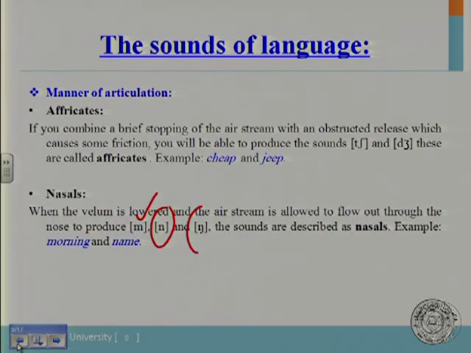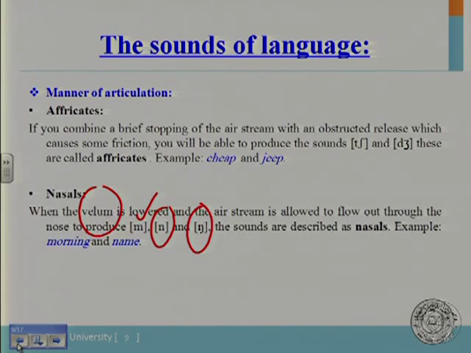And the last one, as in ing, as in bang. Now these sounds are described as nasals. Why? Because they are produced through the nasal cavity with the help of the velum, which is lowered, and the airstream is allowed to flow out through the nose.